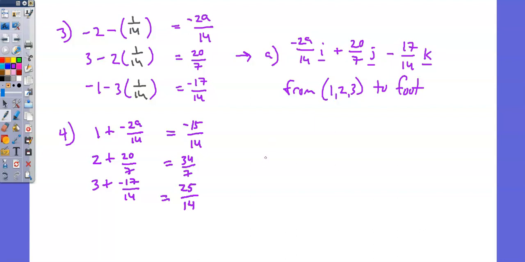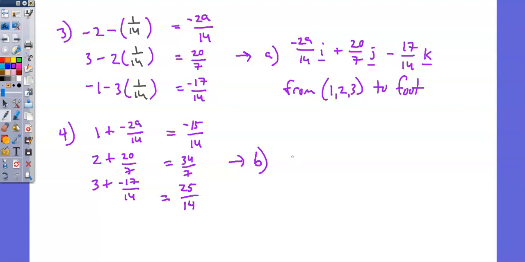And given the requirement of the direction vector, we want to answer B in a vector format, not a point format. The point of the foot is negative 15 over 14, 34 over 7, 25 over 14 for the x, y, z values.